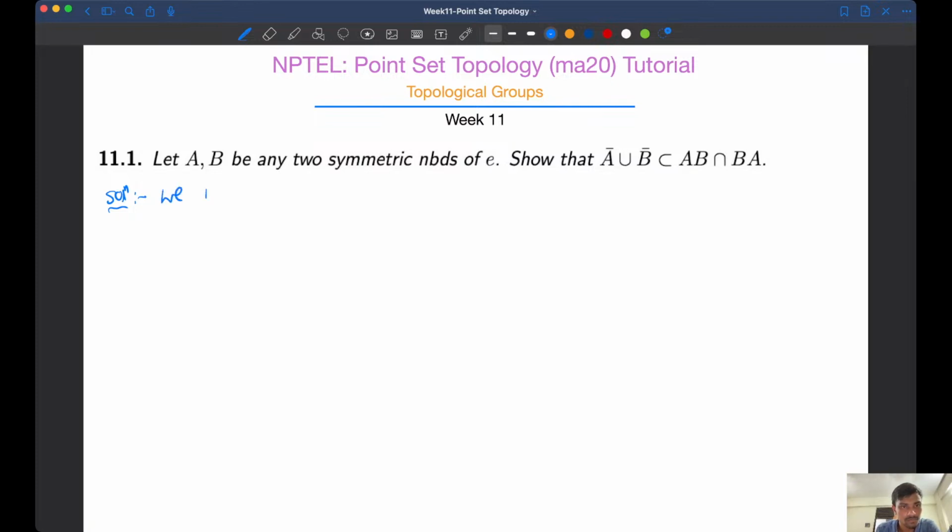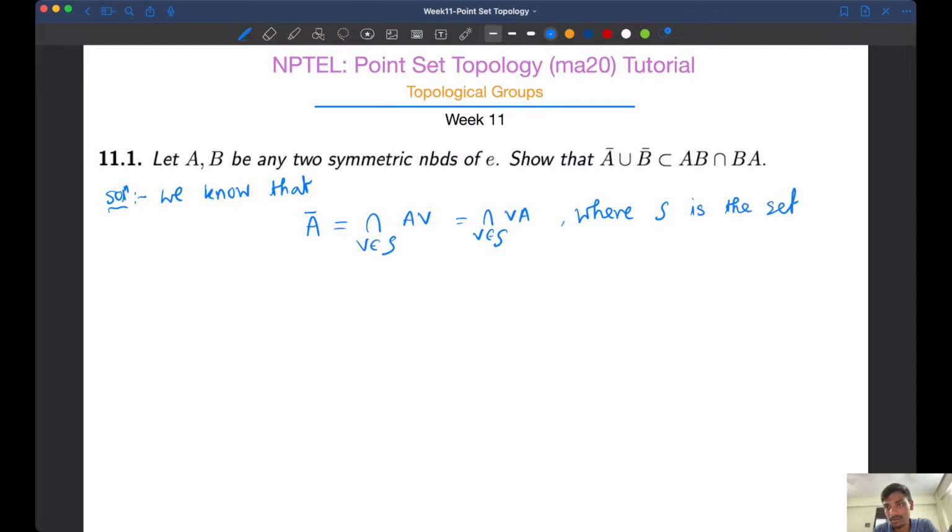basically A closure, or in particular B closure, both are the intersection of AV over all V belonging to S, and this is same as the intersection of VA over V belonging to S, where S is the set of all symmetric neighborhoods of E. So in this case it is actually indeed true.